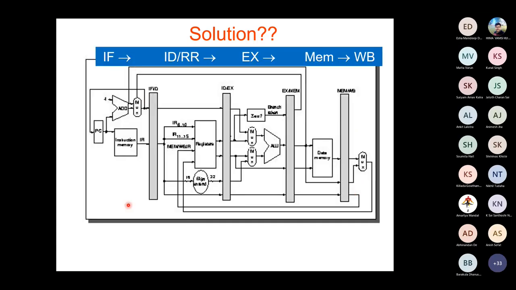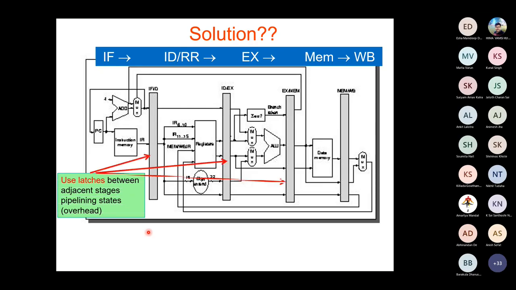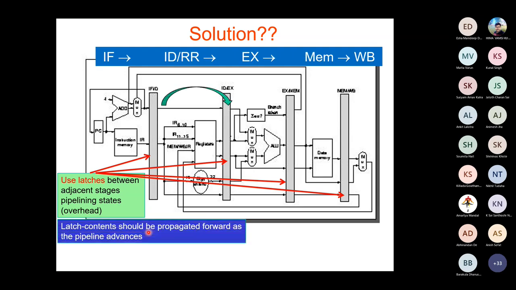You need latches between two consecutive stages, and with every clock cycle you need to propagate the content of the latch forward. Then you would be able to handle this problem. So there are two things: the use of latches between adjacent stages, and the contents of the latch being propagated forward as the pipeline advances.